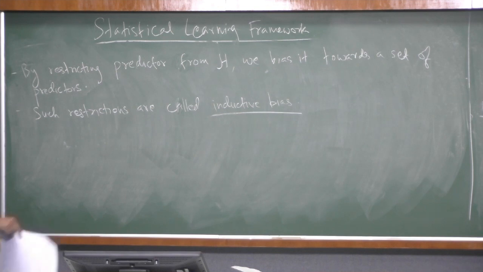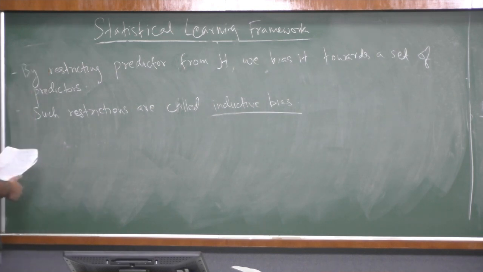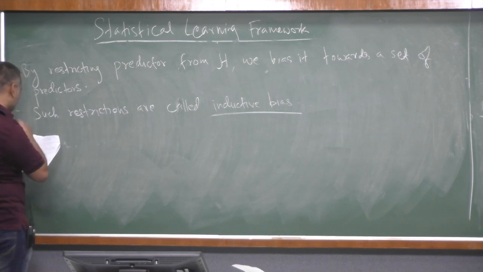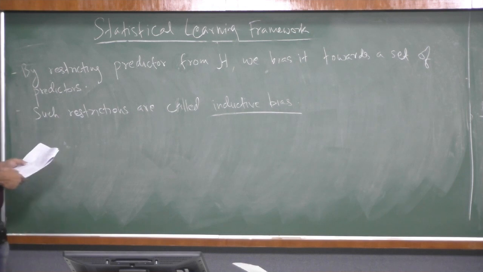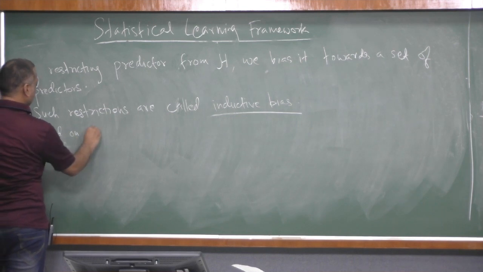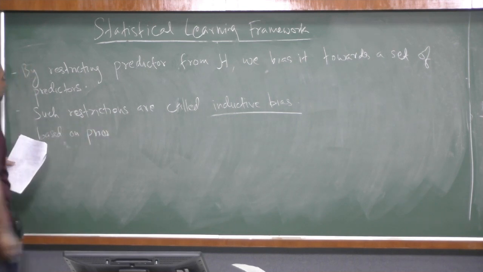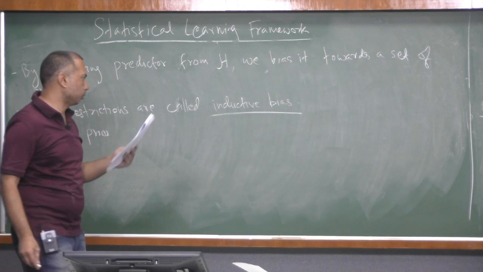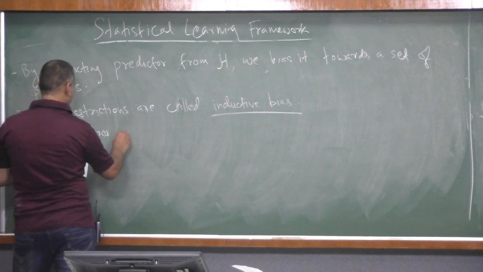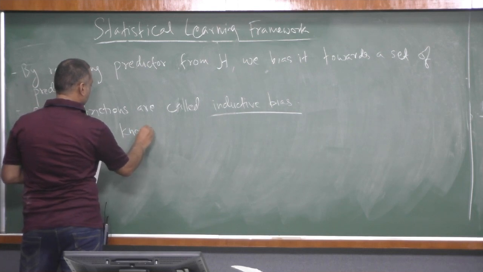So you may play around with various inductive biases. Inductive bias is based on prior knowledge. As I said, if it's an image, then I will use CNN. If it's text, then I will use RNN, LSTM, and so on. So based on prior knowledge.